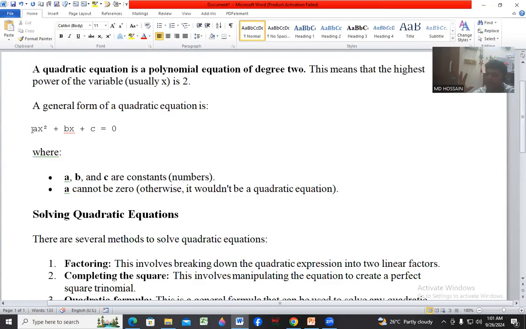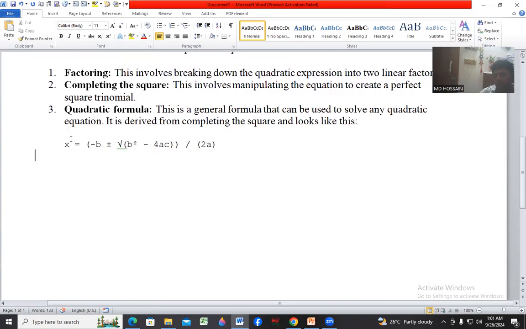So now you can see quadratic equation is a polynomial equation where the maximum power of x is 2. Please take note it. Now, one more thing you have to keep in mind, the formula.